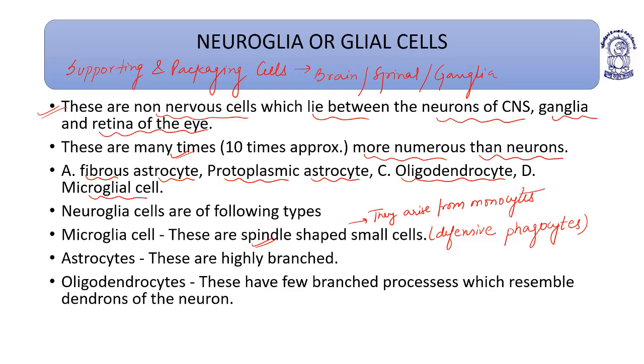Astrocytes are highly branched and star-shaped cells which form the blood-brain barrier, therefore they are only found in brain.